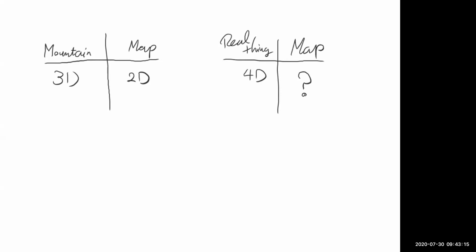It's three-dimensional. So when we are thinking about mountains and things like that, they are really three-dimensional, so their map is two-dimensional.